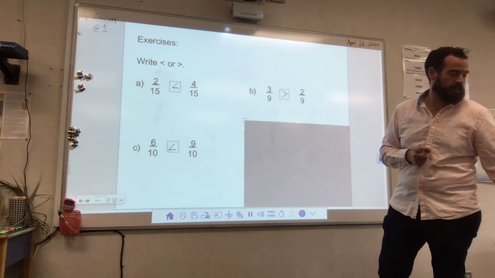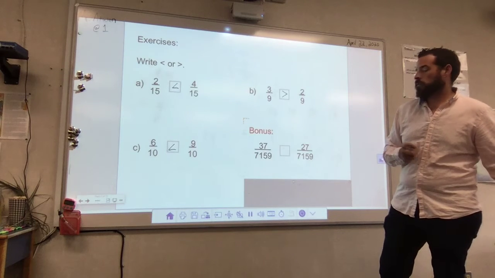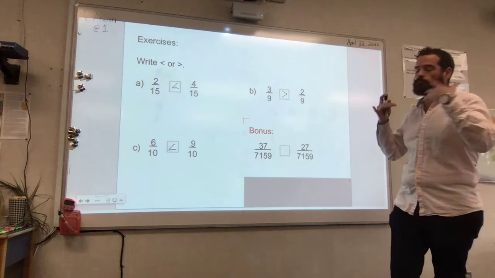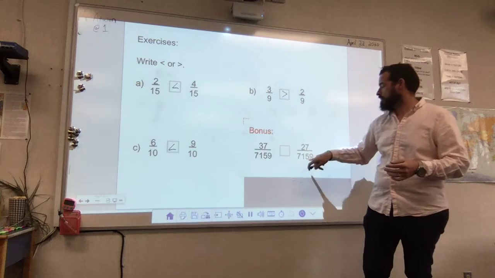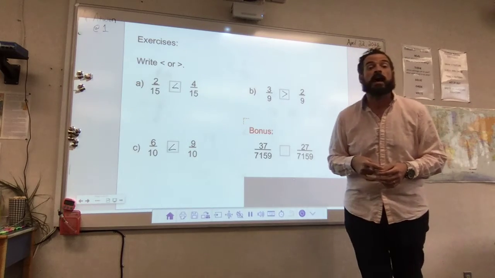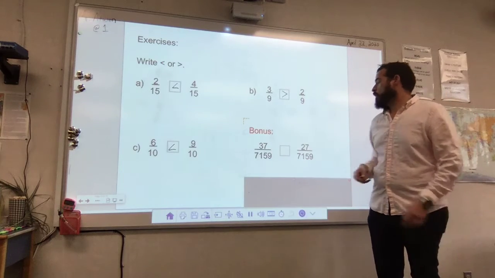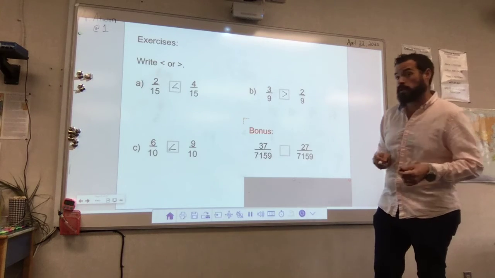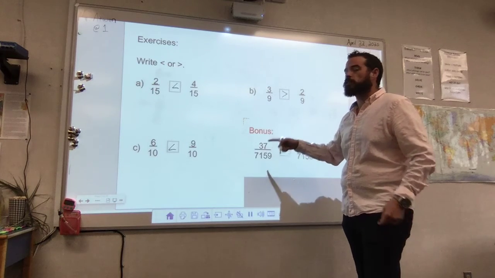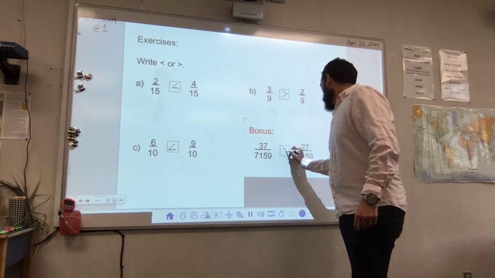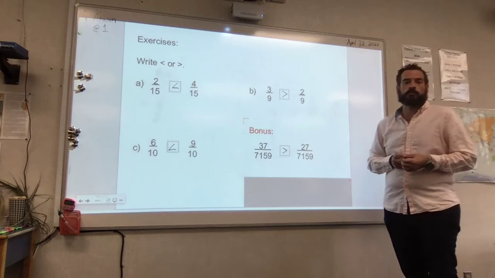If I look at this bonus question, big numbers, right? But don't be intimidated by a big number, because that big number, 7,159, is the same denominator on both. So again, we just look up top. 37 is greater than 27, therefore 37/7,159 is greater than 27/7,159.